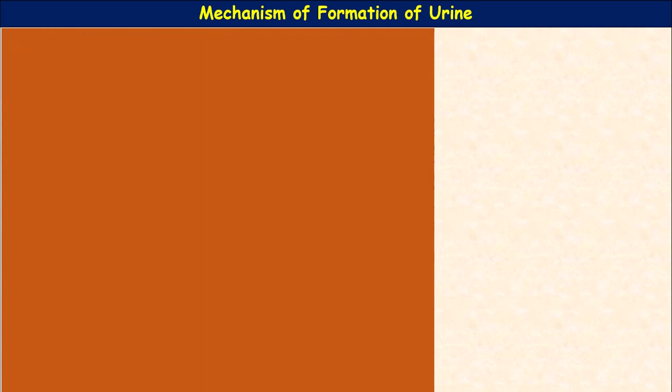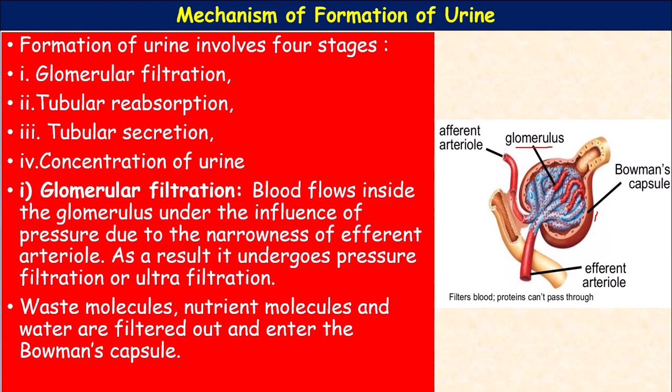Here once again you can see the glomerular capillary wall and the inner membrane of the Bowman's capsule where the filtration occurs. The plasma membrane of this glomerulus helps in it.